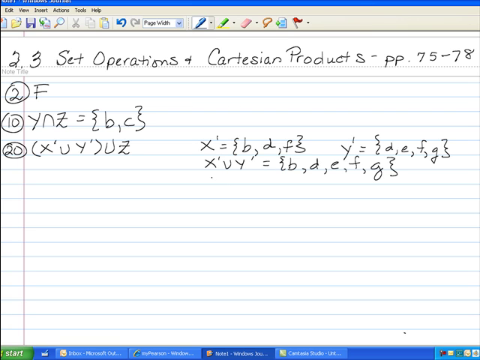Now we want to union that with Z, and Z contains B, C, D, E, and F. So that means our final answer here, we're going to have B, C, D, E, F, and G from up here. So B, C, D, E, F, and G.